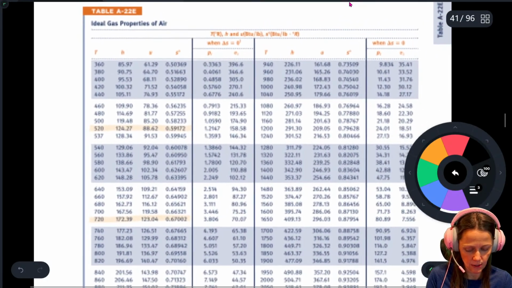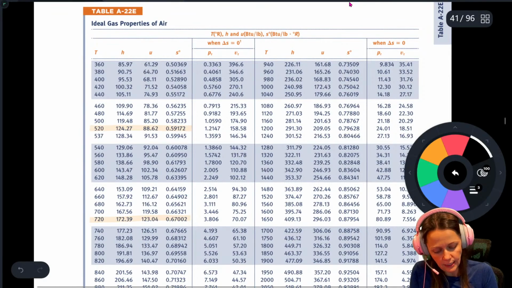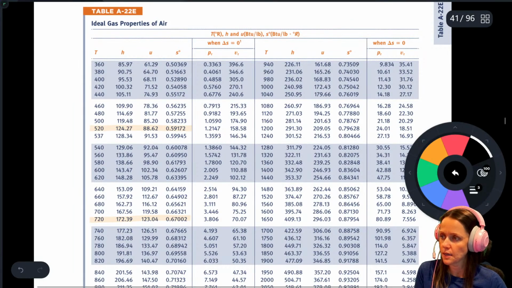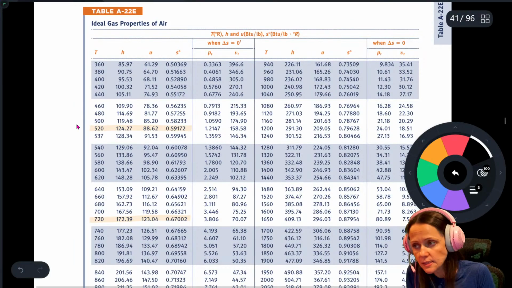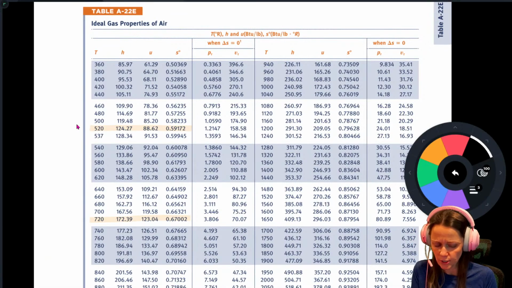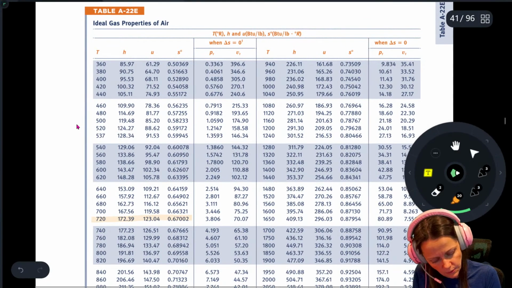So this is our A22E, and you can see our T1. T1 was 507.20.